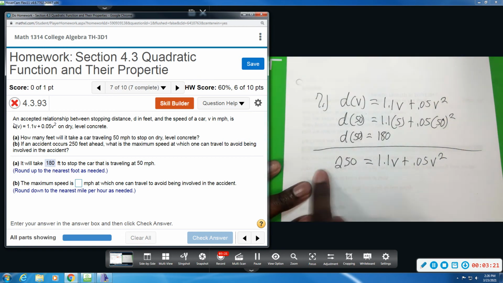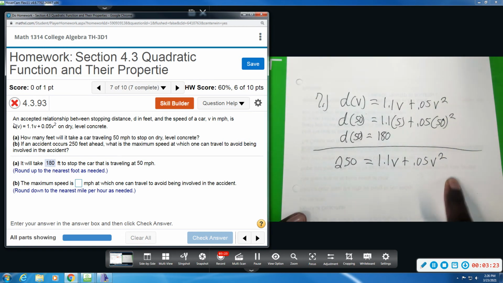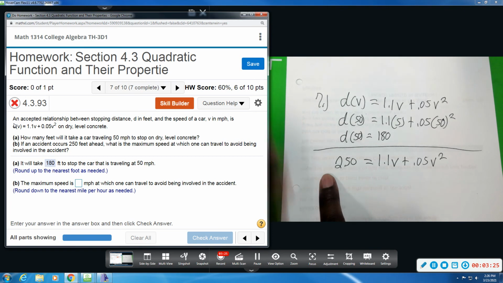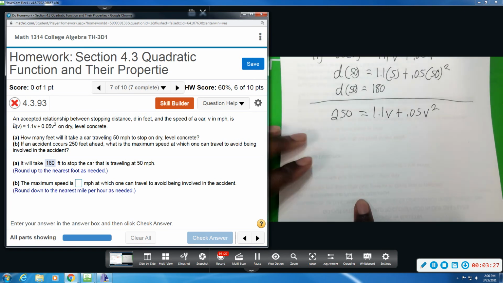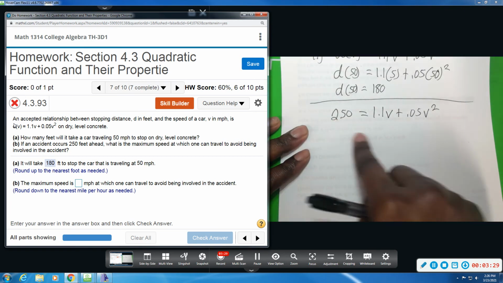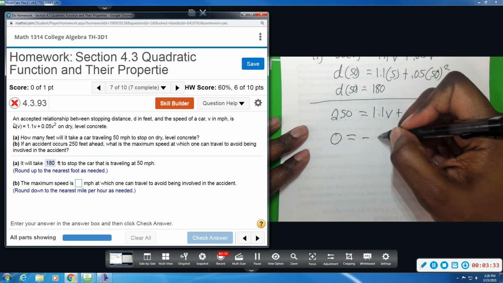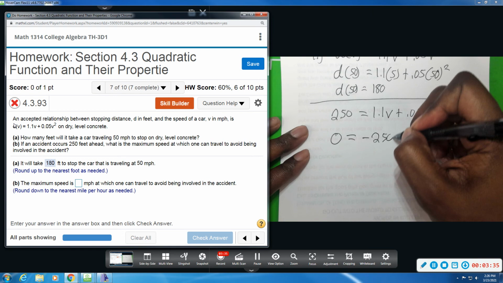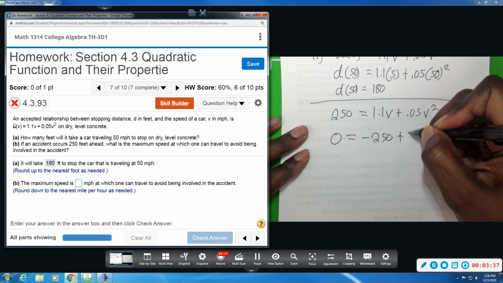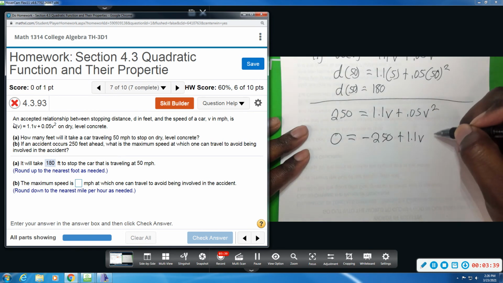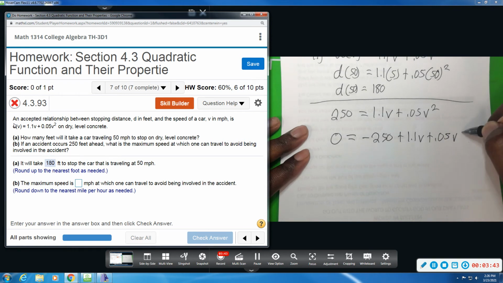This is similar to a quadratic equation, so we're going to set it equal to 0, and then we'll solve for V. So if I subtract the 250, I will have 0 equals negative 250 plus 1.1 V plus 0.05 V squared.